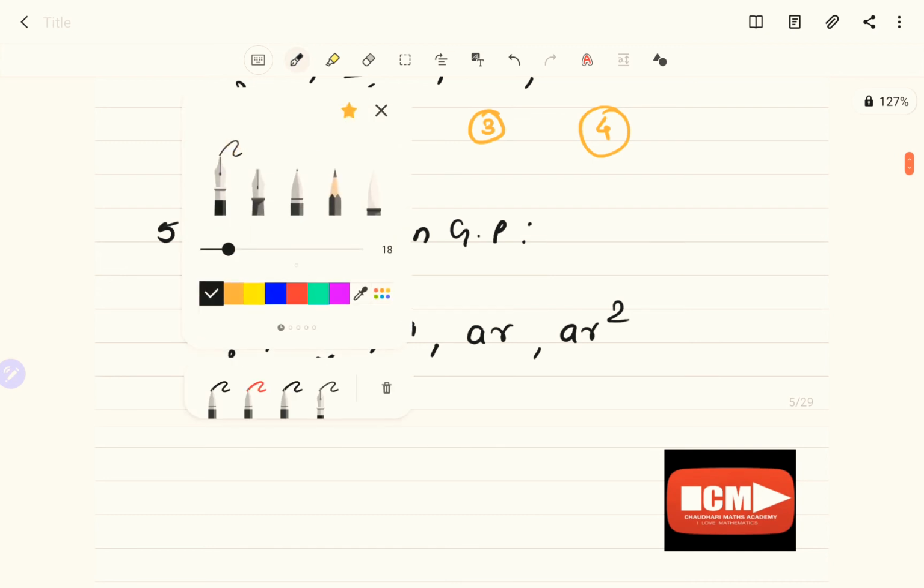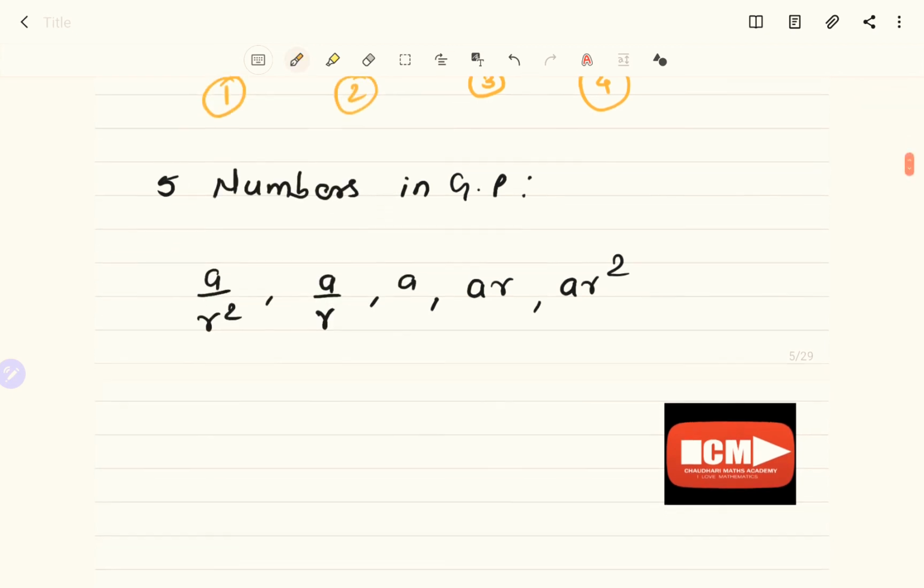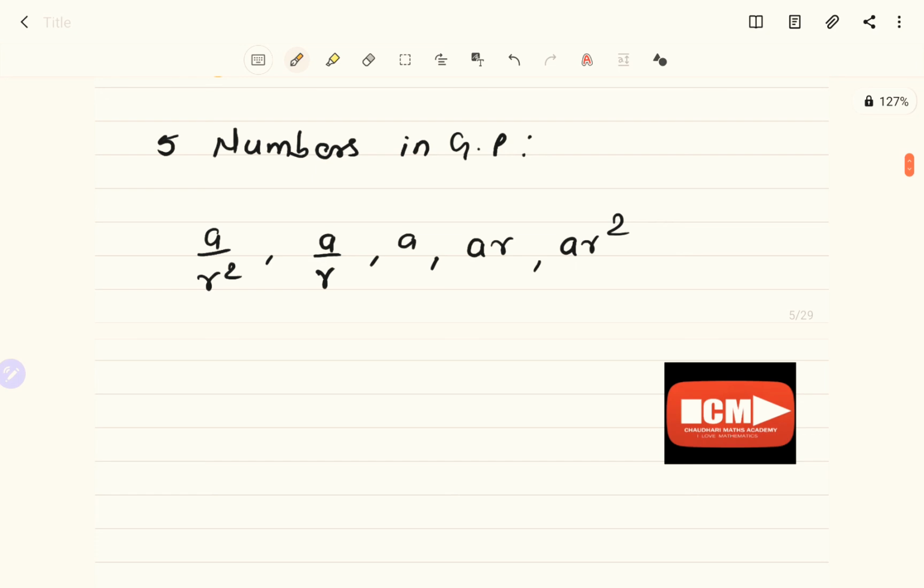So this is the way that you have to select 5 numbers in geometric progression if the product is given. So this is the first number, A divided by R square, second number A divided by R, third number is A, fourth number is AR, and fifth number is AR square.